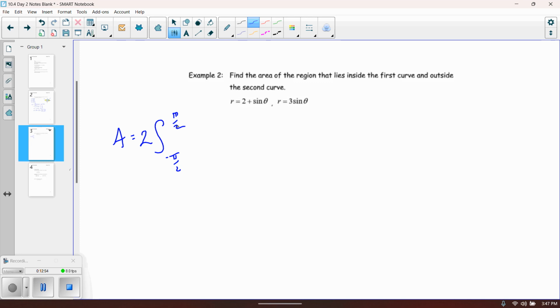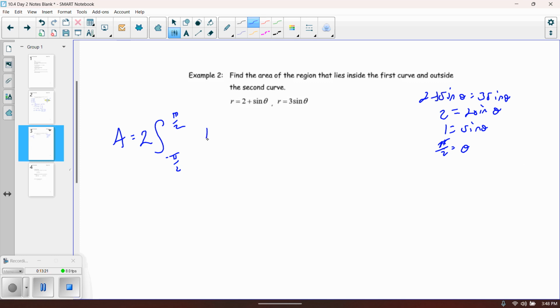So let's set these equal to each other. So 2 plus sine of theta equals 3 sine of theta. So we'll subtract sine of theta on both sides, divide by 2. So we get sine of theta equals 1, therefore theta equals pi over 2. So that was correct. The bottom part you should clearly be able to see if we're doing it by symmetry. That's where we're going to stop. So that is the correct way to set up the integral.